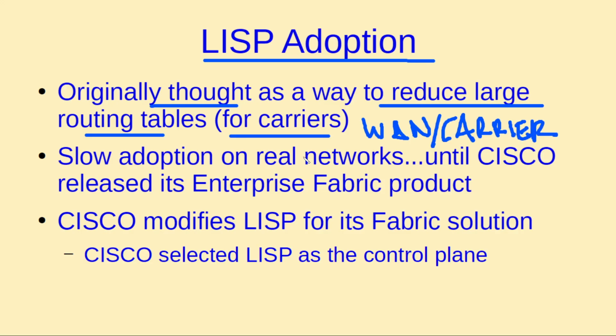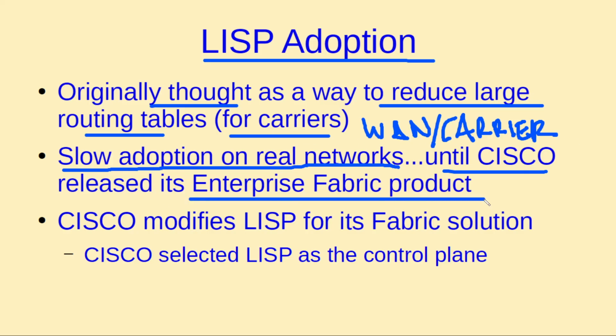However, to be honest, LISP has had a really slow adoption for production networks. And that was a fact until Cisco chose it as a basis for its enterprise fabric product.